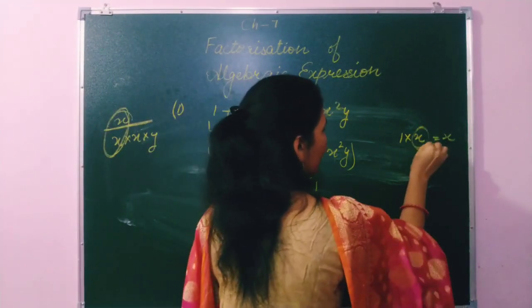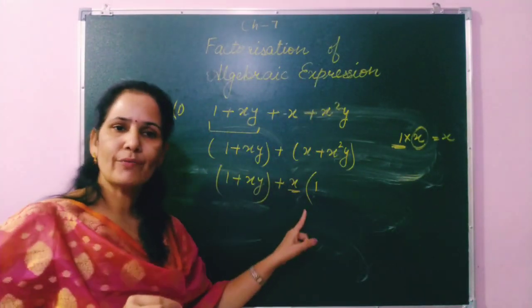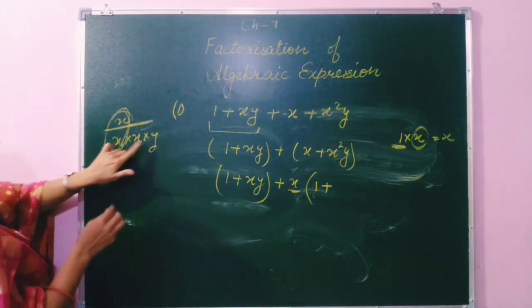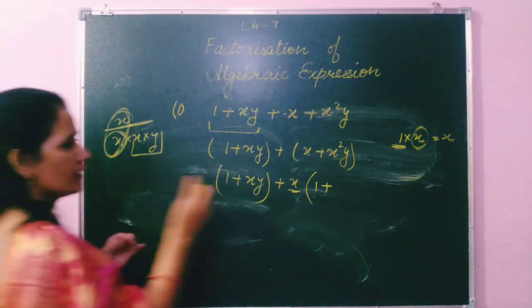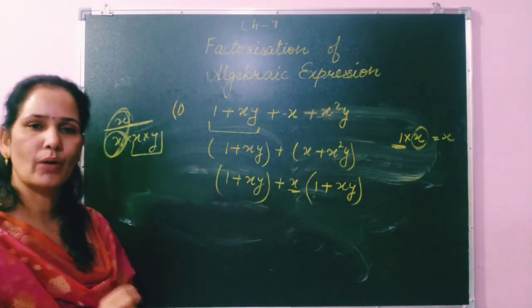And if we take x as common from the other term, what will remain? 1, so that's why we have written 1 here. And from x square y, we have already taken one x as common, so what will remain behind? xy.